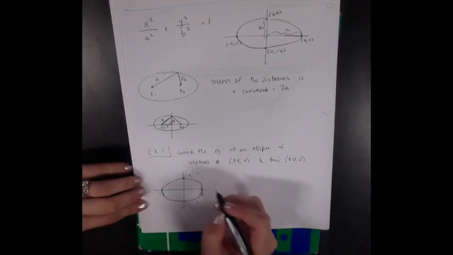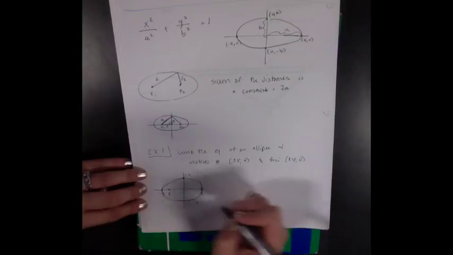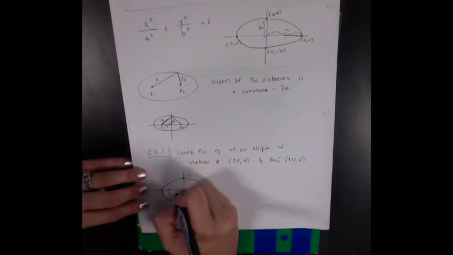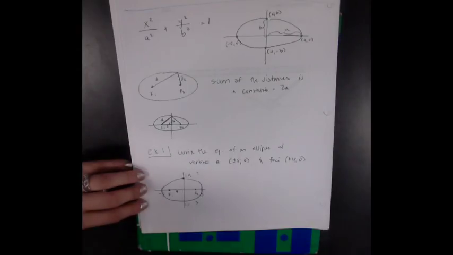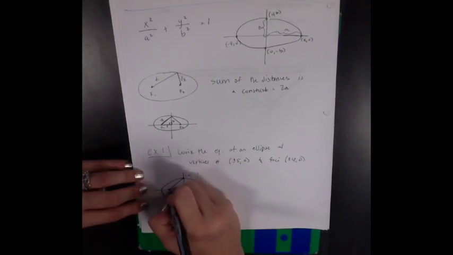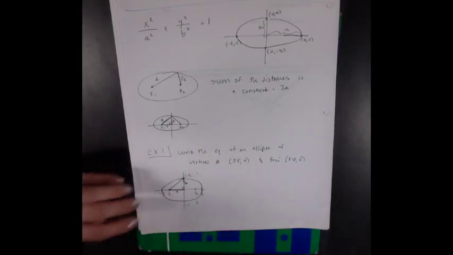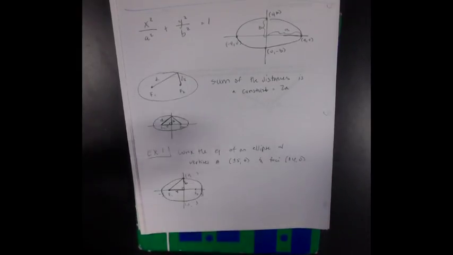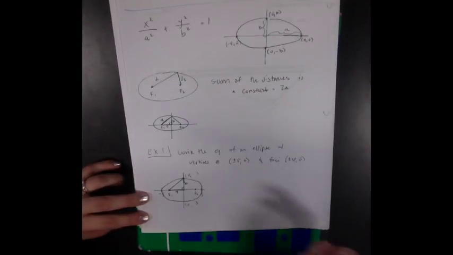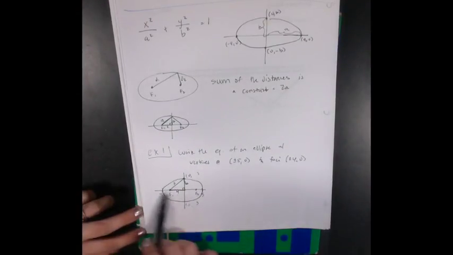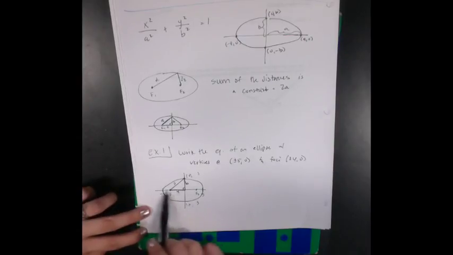I do know, however, my foci is at plus or minus 4, which means this distance right here is 4. Now, if I draw this triangle here, I'm looking for b, right? I know my a, I'm looking for b, and I know that this distance here on the hypotenuse is the same distance as a here.